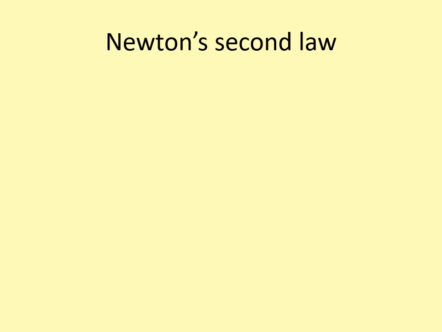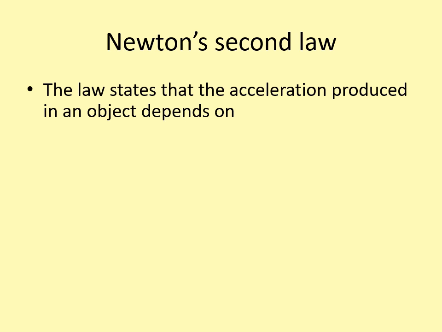Now, what we said in the previous slide can be summarized as our Newton's second law, or that itself is basically our Newton's second law. So the law states that the acceleration produced in an object depends on two things. What are the two things we said in the previous slide? More the force, more the acceleration.